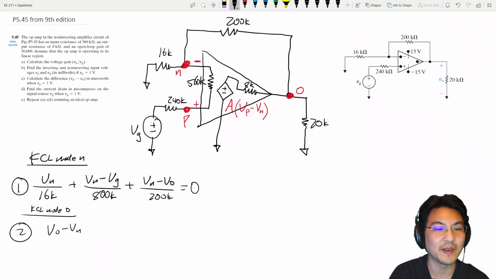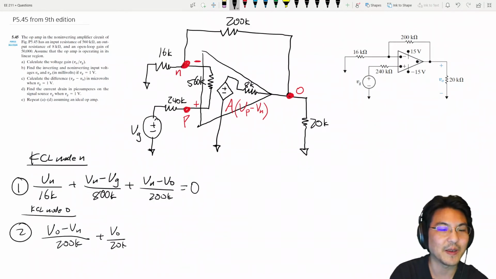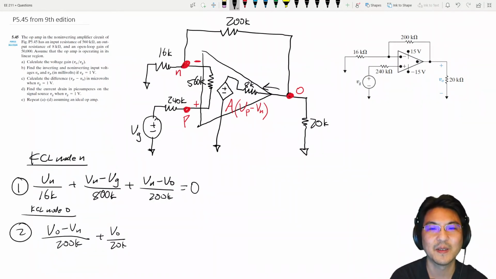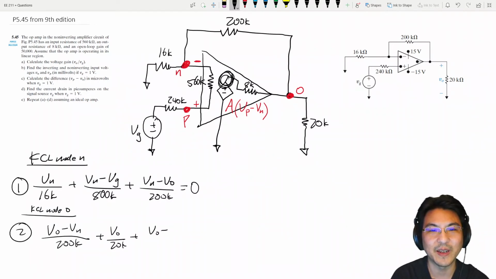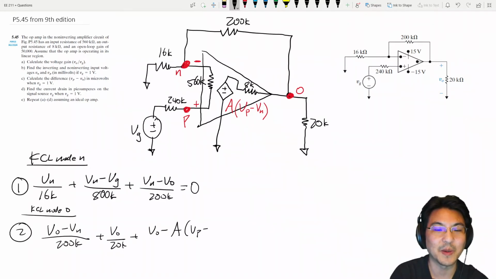Vo minus Vn over 200K. Then let's go this way. Vo minus 0 over 20K. Now let's go toward the left. Vo minus the voltage sitting right here, which is this, A times Vp minus Vn, over 8K.